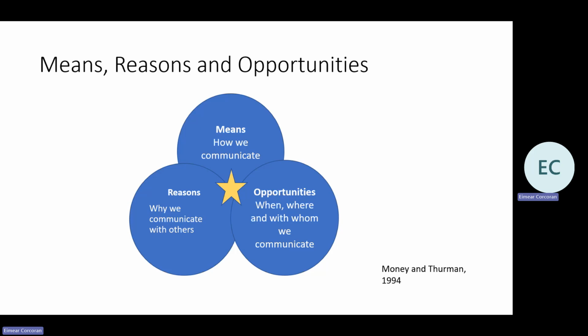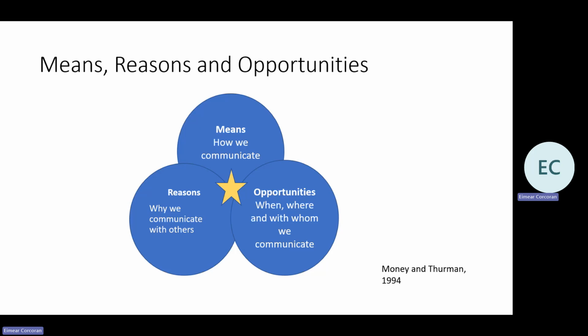The reasons are why we communicate, so we communicate to ask or to refuse, to share some information, to comment on something, or just to connect with others. And the opportunities refer to when we're communicating, where, and with whom. Successful and positive communication happens where these meet. So AAC is about ensuring the child has a little bit of all of these three circles.